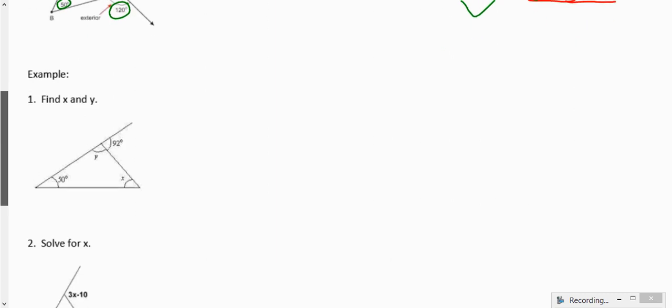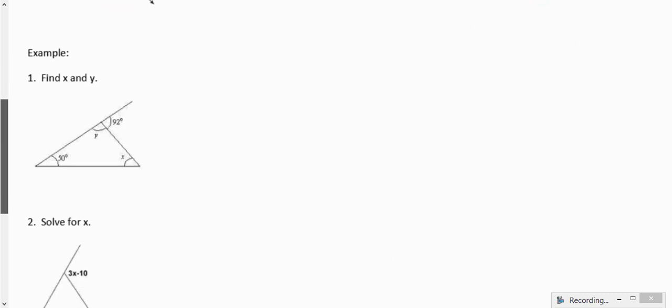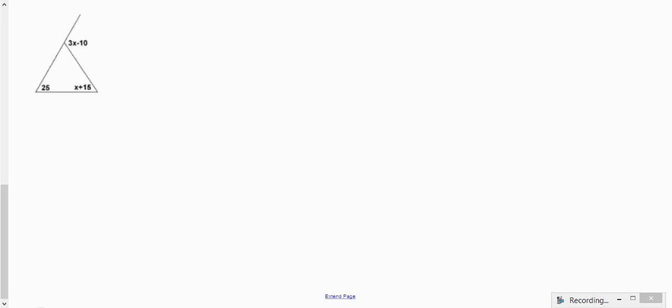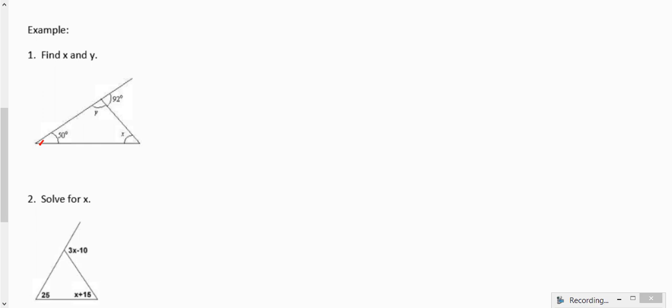So let's apply that. Here now we have one side extended. So therefore, we have the exterior angle here, and these are considered the two remote interior.